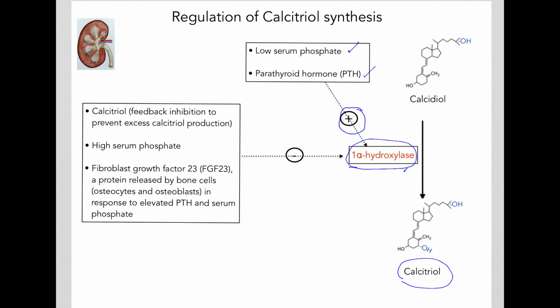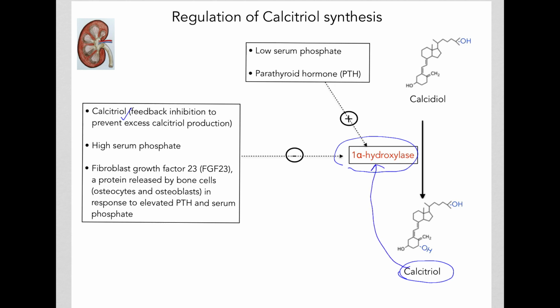That means there is more formation of calcitriol when our serum phosphate is low or induced by this hormone, parathyroid hormone. So PTH actually increases calcitriol synthesis. Now this enzyme is inhibited by calcitriol. So this is a feedback inhibition.